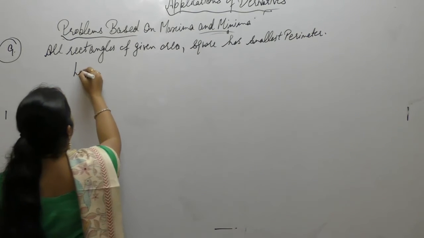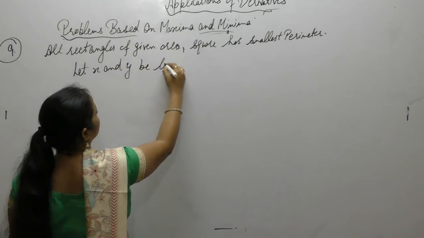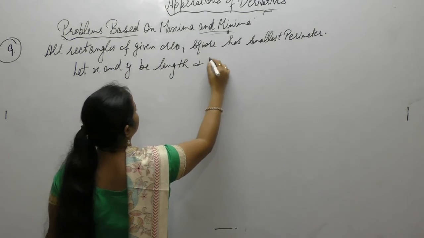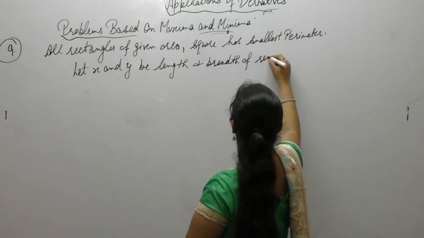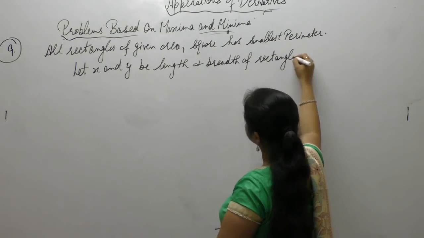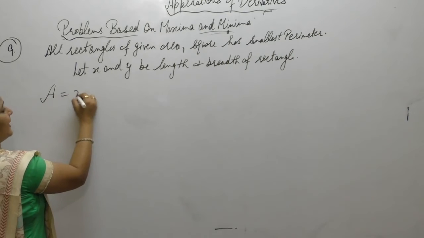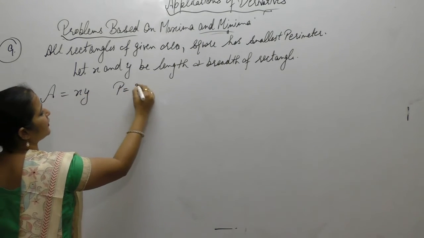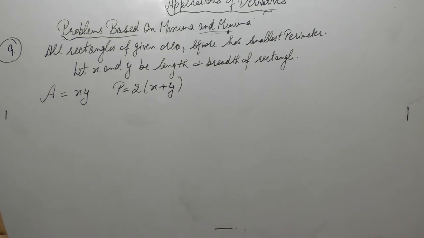Write down. Rectangle is given, so let x and y be the length and breadth of the rectangle. Now, area of rectangle is length into breadth. Perimeter of rectangle is 2 times length plus breadth.